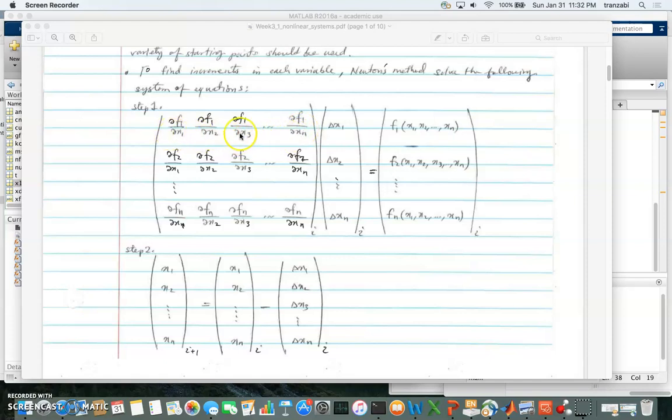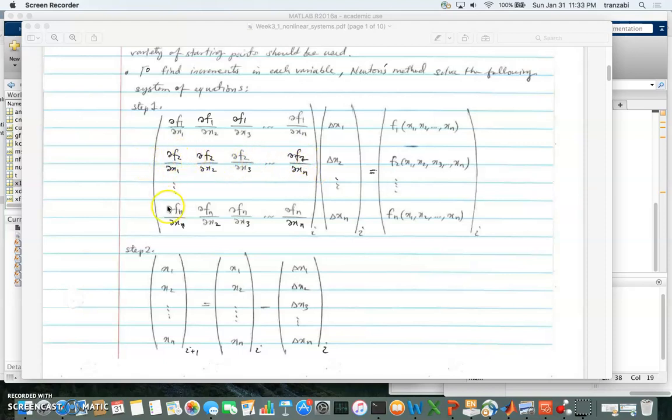So that's going to be the first row of the Jacobian. Similarly, the second row of the Jacobian is going to be the derivative of the second function with respect to x1, with respect to x2, with respect to x3, all the way to xn. So this is all about the second equation.